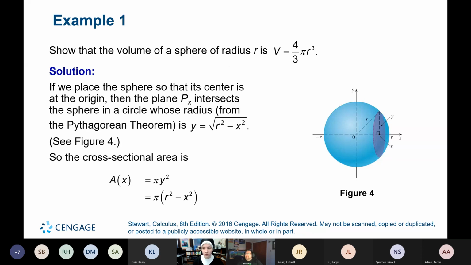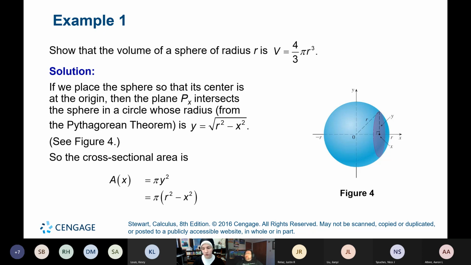So let's look at a simple example. We're basically going to prove that the volume of a sphere is 4/3 pi r cubed. The reason we start here is because we know the function of a circle, so it makes it a little bit easier to find the cross-sectional area. So if we place the disk, and we're just going to move from the edge all the way across, we need to figure out that radius for it.